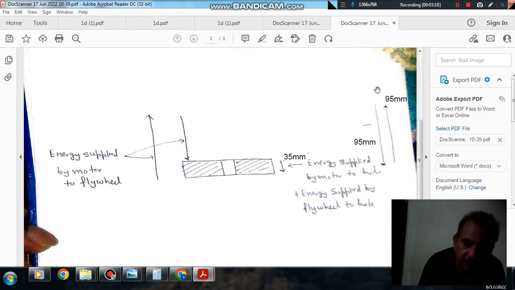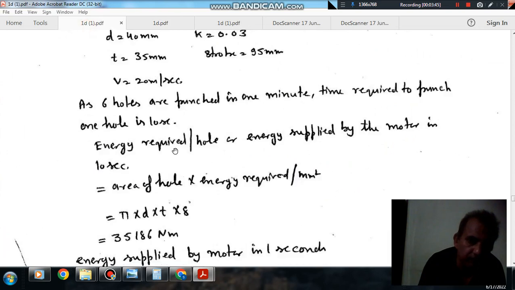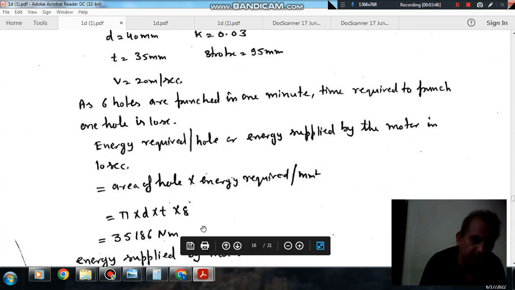As it is given that 6 holes are to be punched in 1 minute, one hole will be punched in 10 seconds. So this complete cycle takes 10 seconds, and this complete cycle requires energy of 35186 Newton meter.